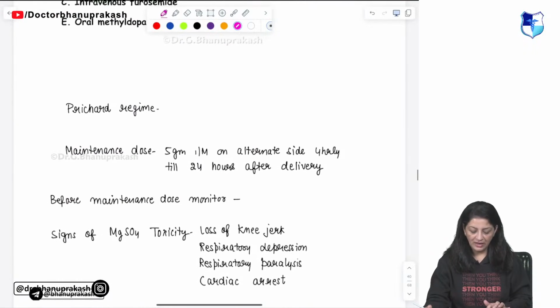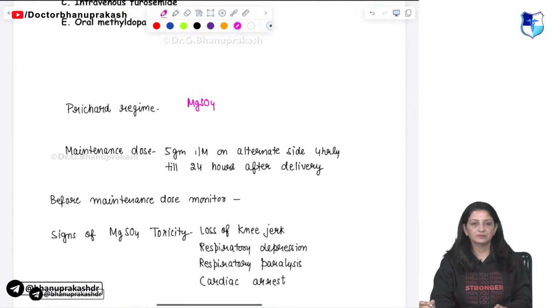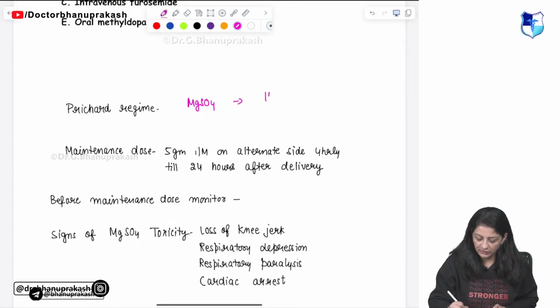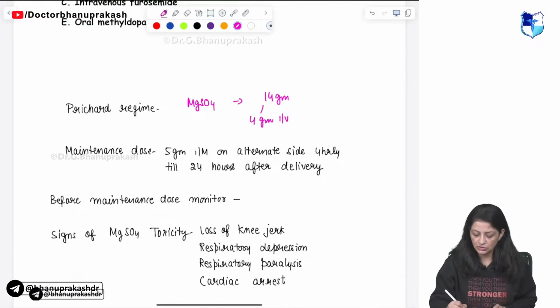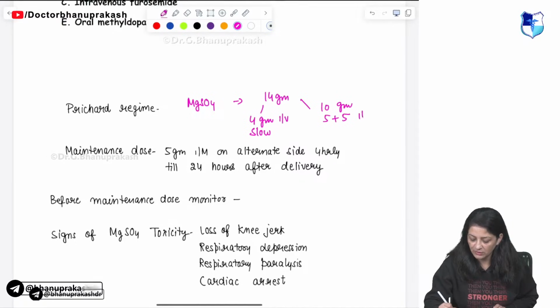So we have to give magnesium sulfate by Pritchard regime. We have to give 14 grams of magnesium sulfate, 4 gram intravenous slow and 10 grams divided into 5 + 5 intramuscular.